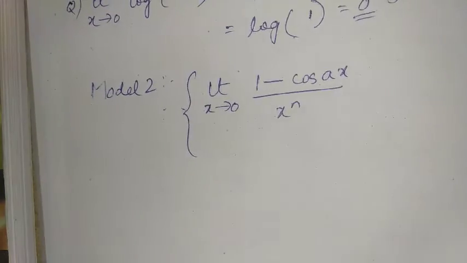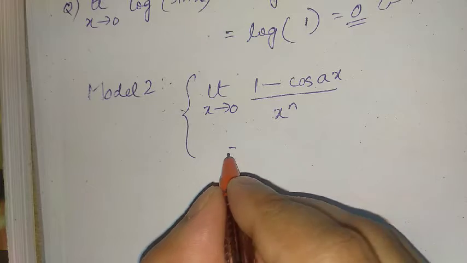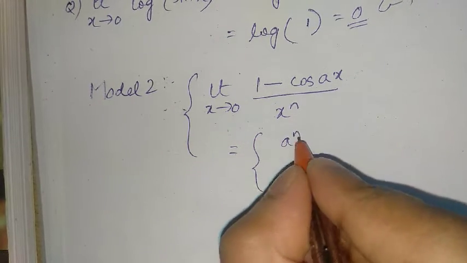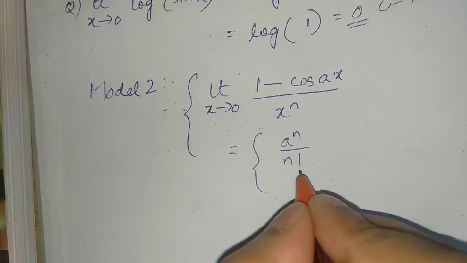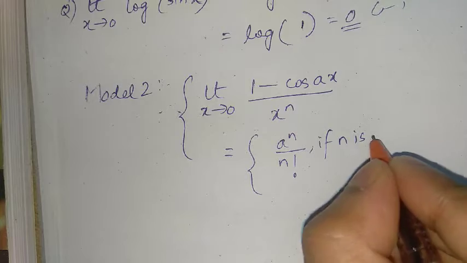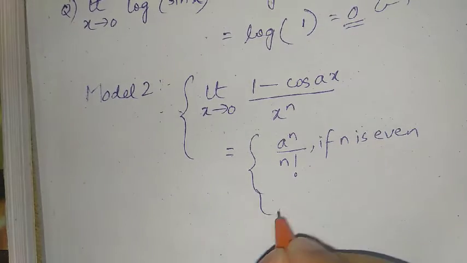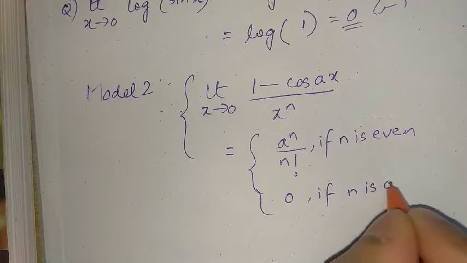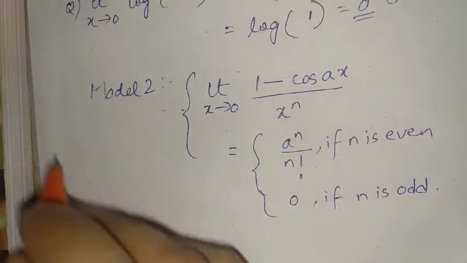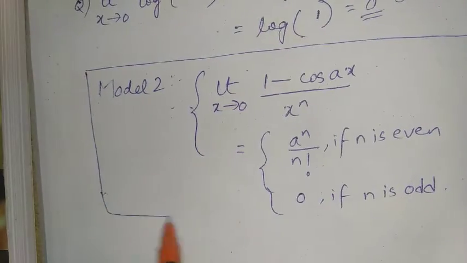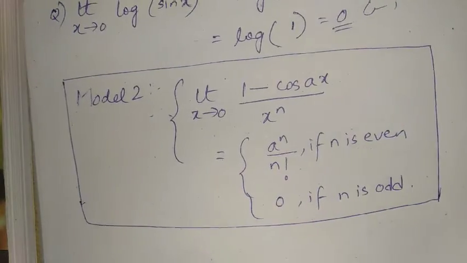This is equal to a to the power n upon n factorial if n is even, and it is equal to 0 if n is odd. This is a very important formula. We will do a few questions on this, so please keep this in mind.